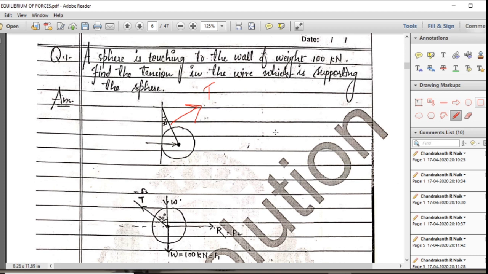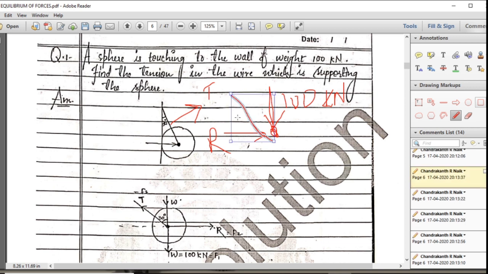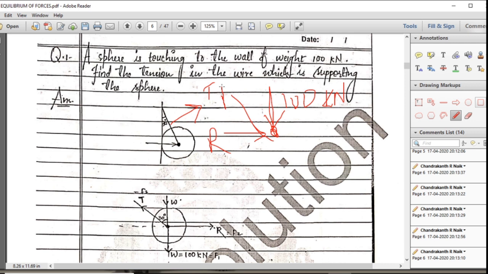First, we should write the free body diagram. How? Take this point. The weight will be there, and the weight is 100 kilonewton. Then the reaction R will be there at the contact surface. Then T. So this is the free body diagram.